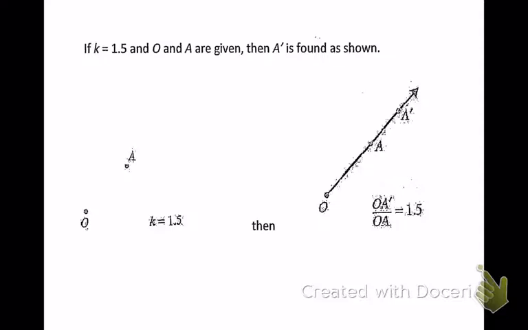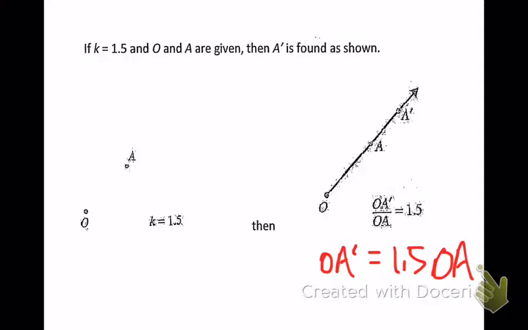So that means that the distance of OA prime would equal 1.5 times OA.